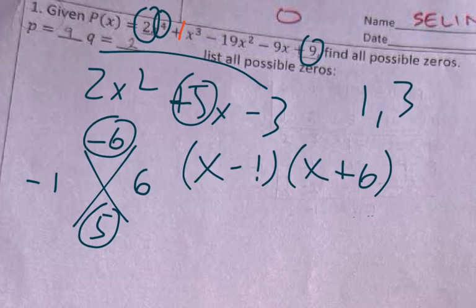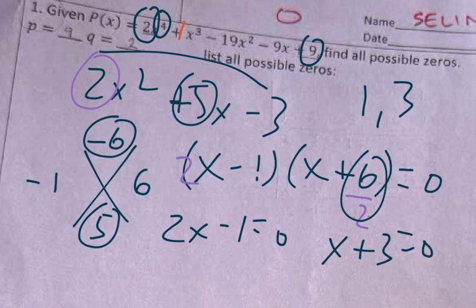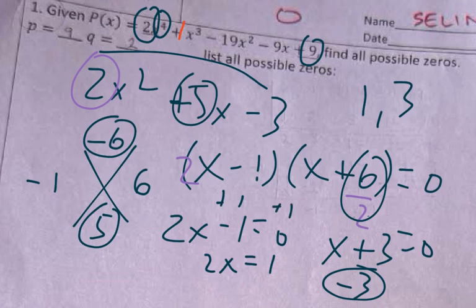And let's not forget, though, it's a 2x squared, so I have to divide by 2 here, times by 2 there. Hopefully you still remember to do that. So now, I'm going to solve this for 0. I have 2x minus 1 equal to 0. I have x plus 3 equals 0. Don't forget to divide by 2 there, right? 6 divided by 2 is 3. And notice I know negative 3 is another root. And here, if I solve, I get 2x equal 1, right? Because I'm going to add 1 to both sides. And that means x is 1/2.